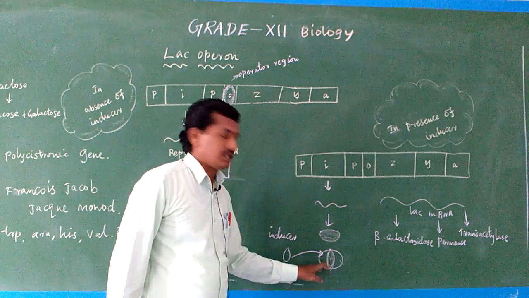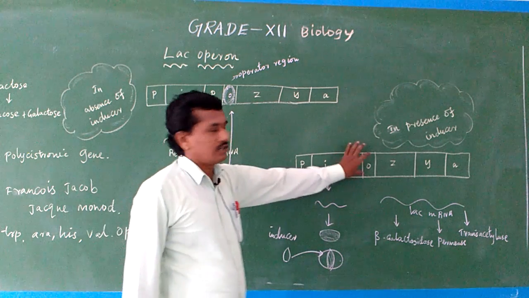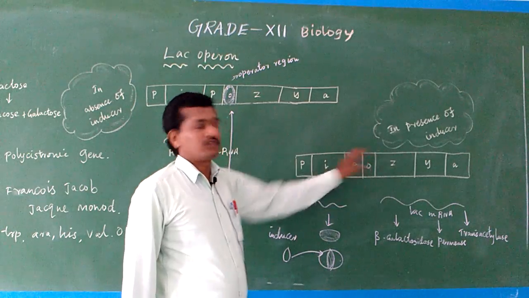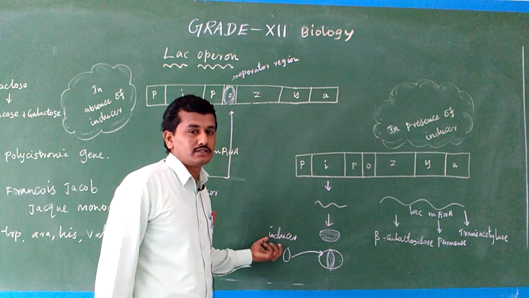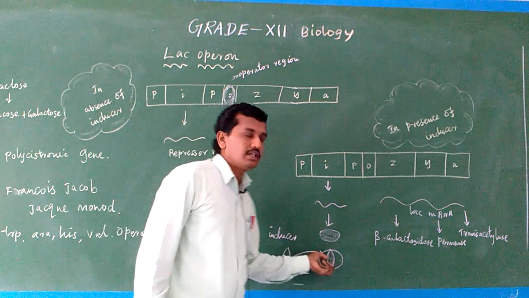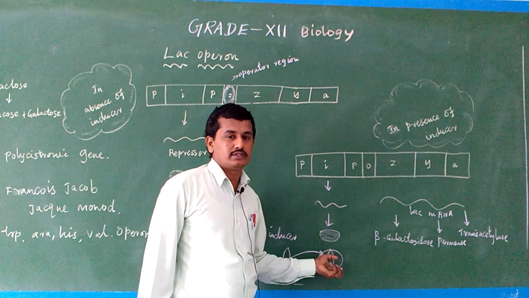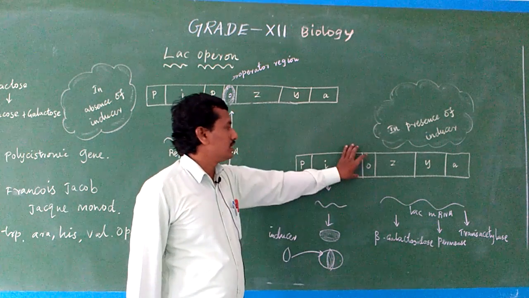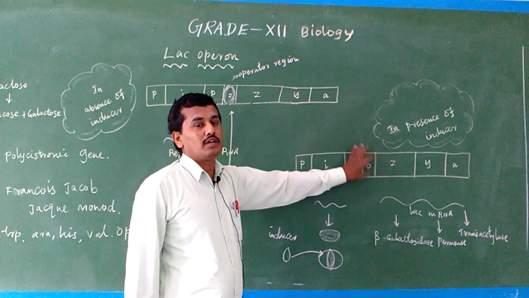This repressor protein normally goes and joins here in the absence of inducer. Suppose the inducer lactose comes here. Then the inducer binds to the repressor and holds it there. So the repressor does not move into the operator region of the DNA. So what happens to the operator region?